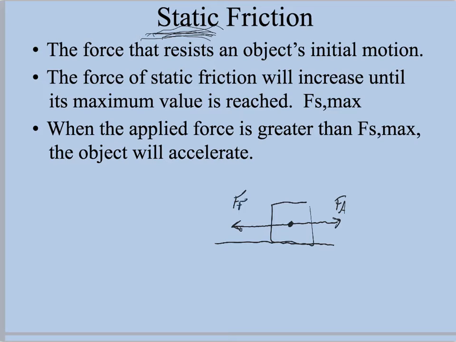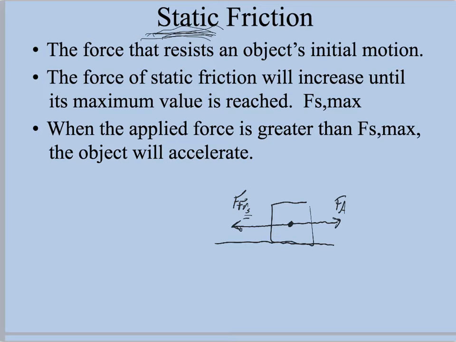And because it's not moving, we call it static friction. So if I'm moving a very heavy dresser and I push on it in a certain direction and it doesn't move, and I push harder and it still doesn't move, and I push harder and it still doesn't move, the friction that I'm going against is increasing every time I try and push harder.